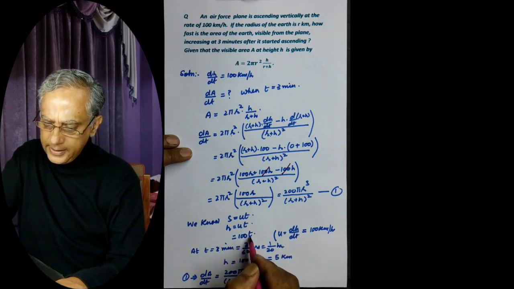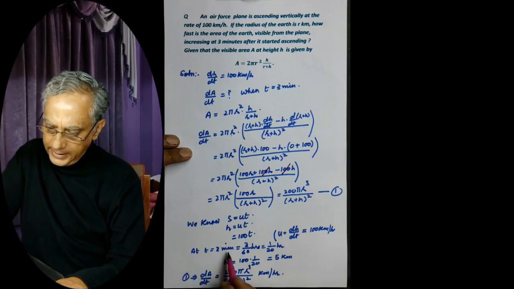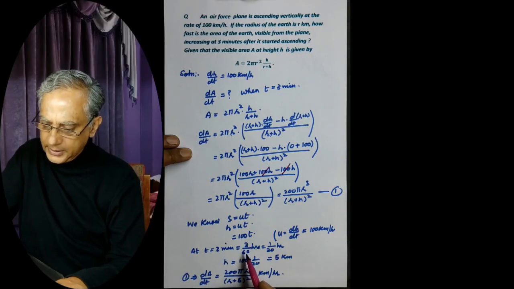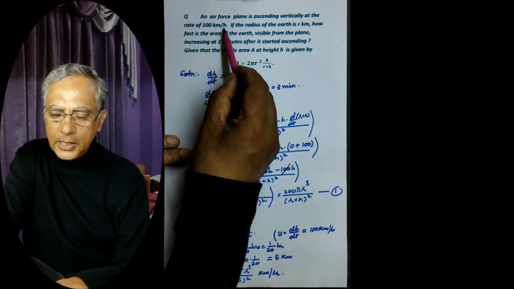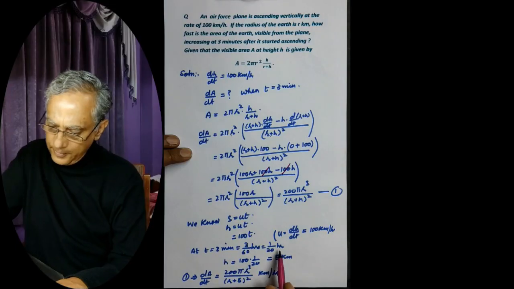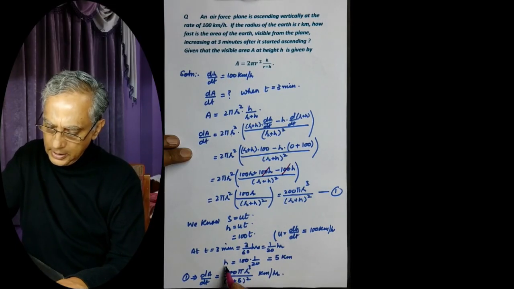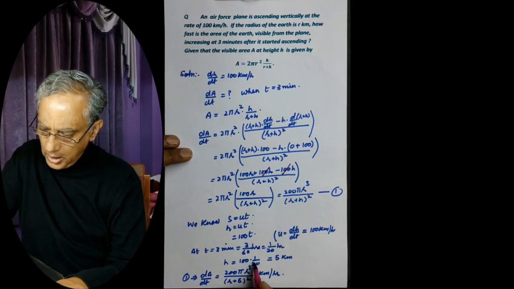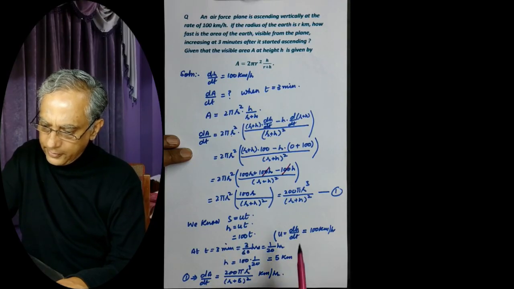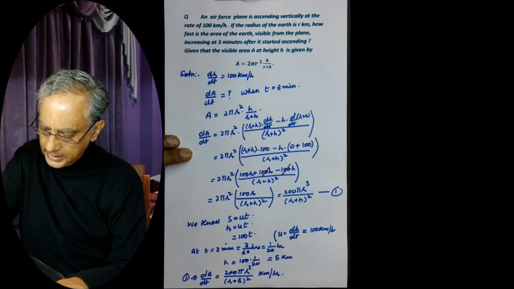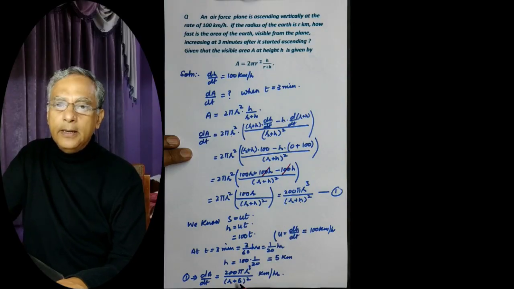This is 100 t. Now when t is equal to 3 minutes, that is 3 by 60 hours, this will be 1 by 20 hours, because we are using the units kilometers and hours. So we must convert this into hours. So h will be equal to 100 by 20, that is 5 kilometers. And substituting h here, we arrive at the answer.